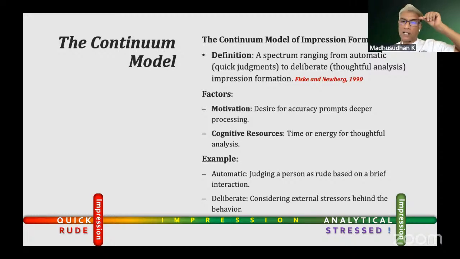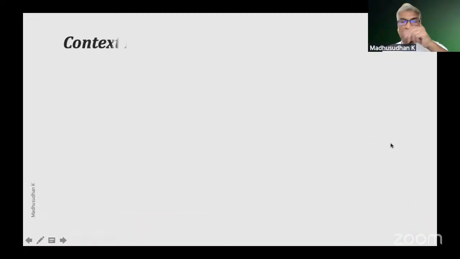This is the reason he is stressed. That's the reason he did not talk to me today. He did not wish me, nor did he help me. It's a continuous process. Your impression formation is going to change based on the situation, the time you have, and the need you have to assess that person. Need is most important, time is important.